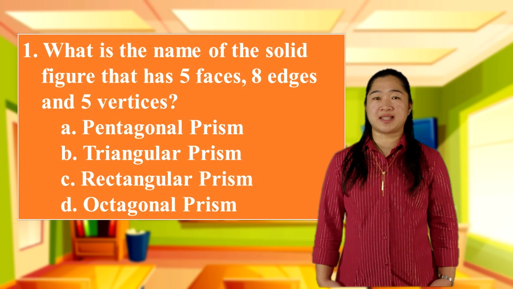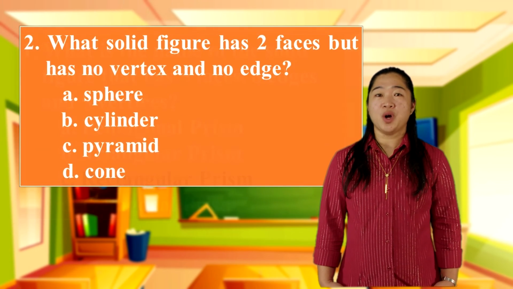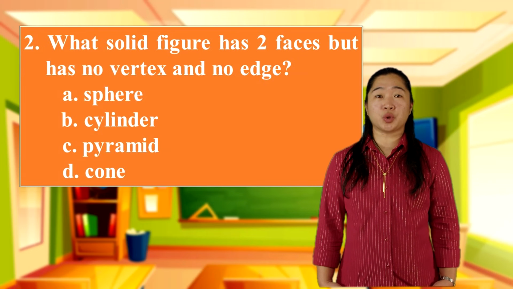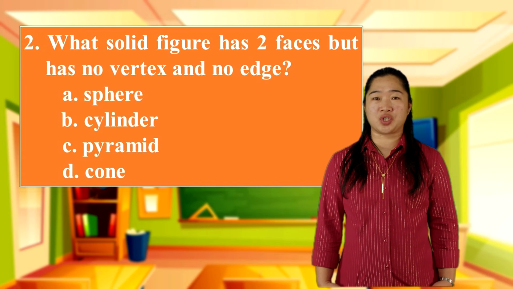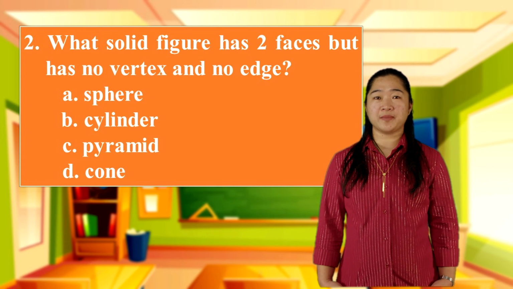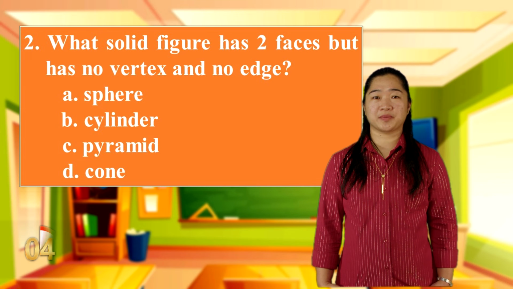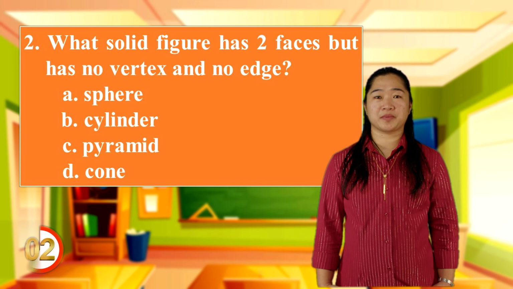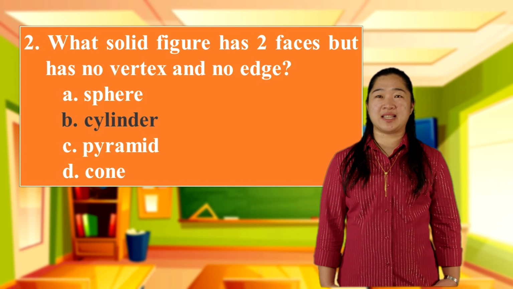The answer is letter C. Number 2. What solid figure has 2 faces but has no vertex and no edge? A. Sphere. B. Cylinder. C. Pyramid. D. Cone. Excellent! The answer is letter B.